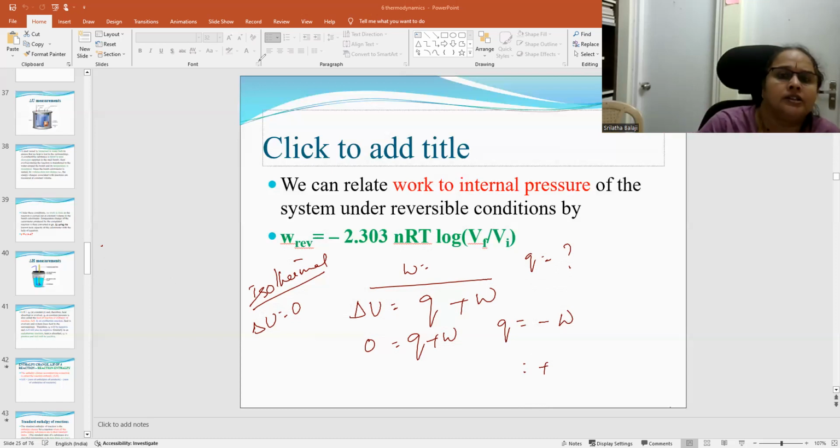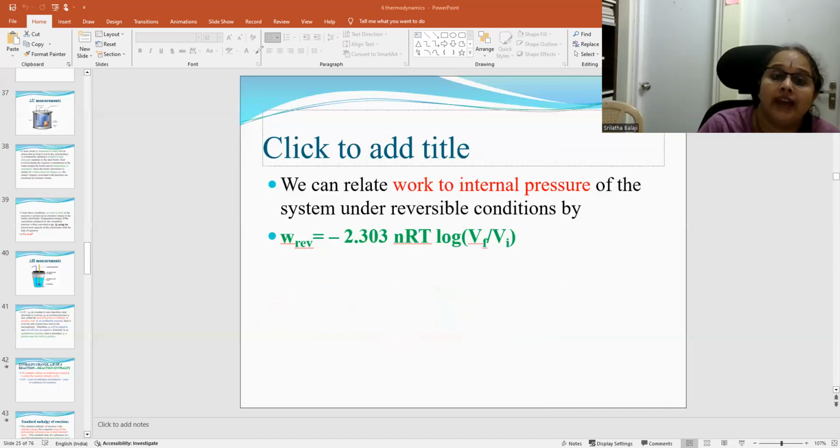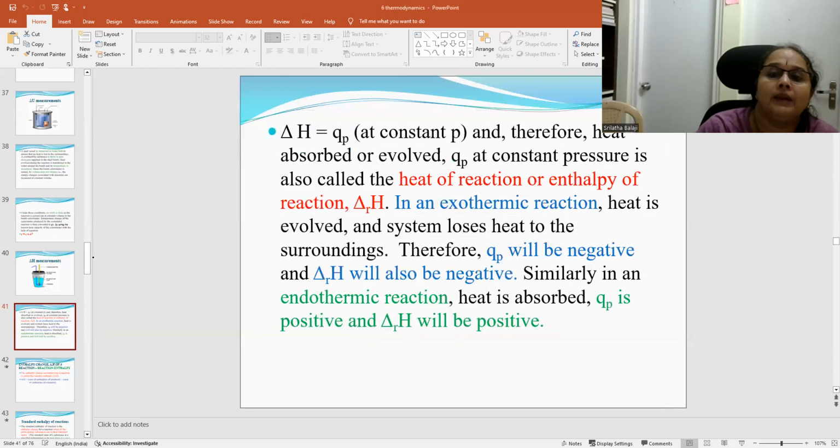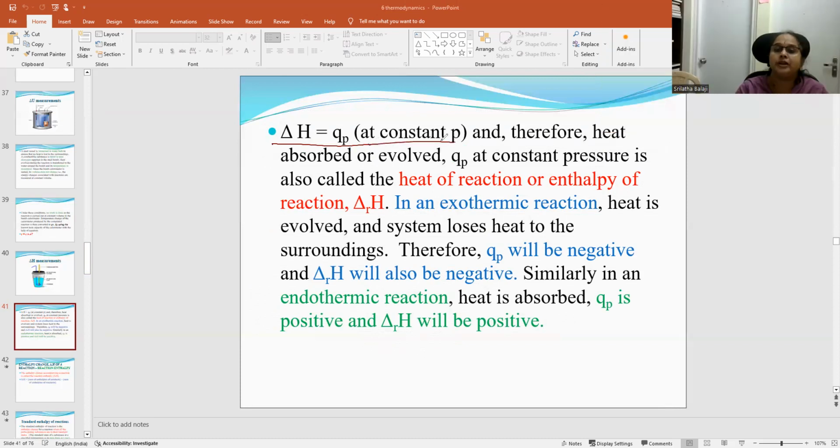Got it? So the next important thing we are coming up with here is the concept of enthalpy. Now, what is enthalpy? Enthalpy is called the heat content of a system at constant pressure. So we also denote it as Qp. That's another way, and by and large, we use delta H. Basically, H is enthalpy.